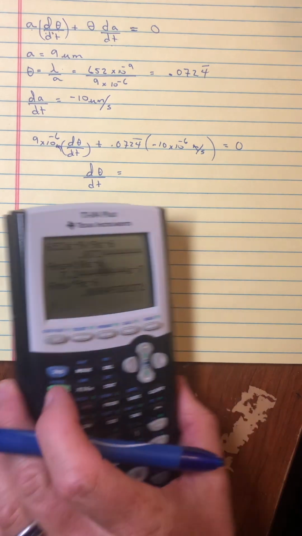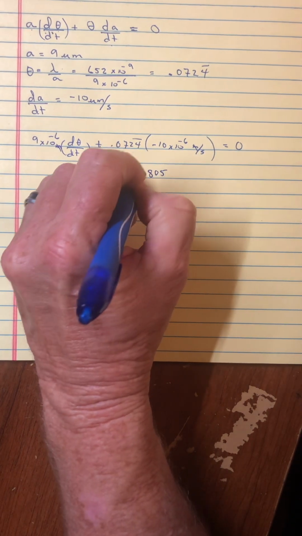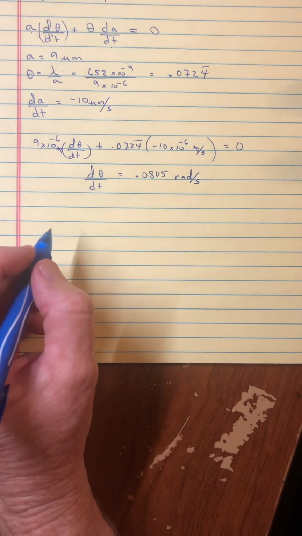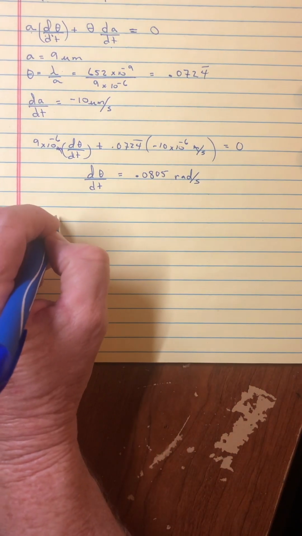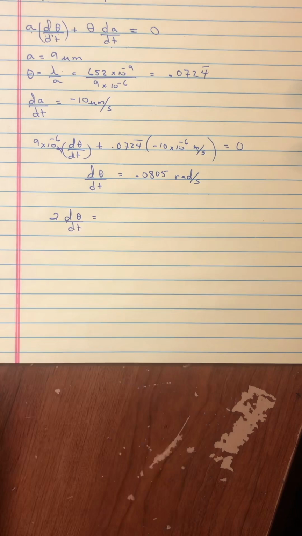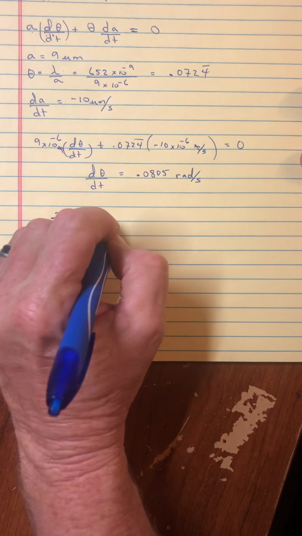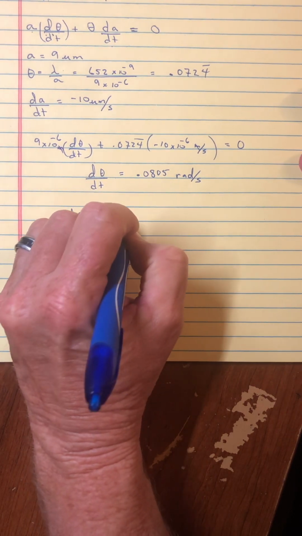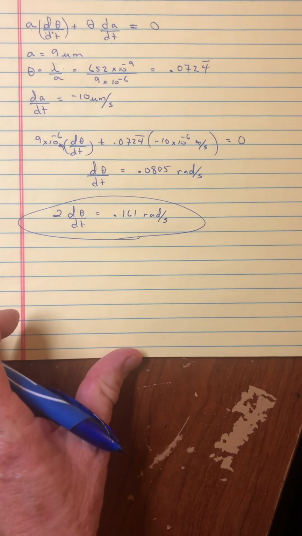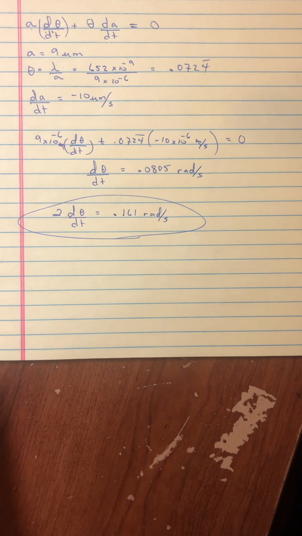And so if I've done all this correctly, it looks like I get 0.805, and of course, that would be radians per second. And so the whole beam at twice that would be times 2. And so this is my relative rates equation. Yay!